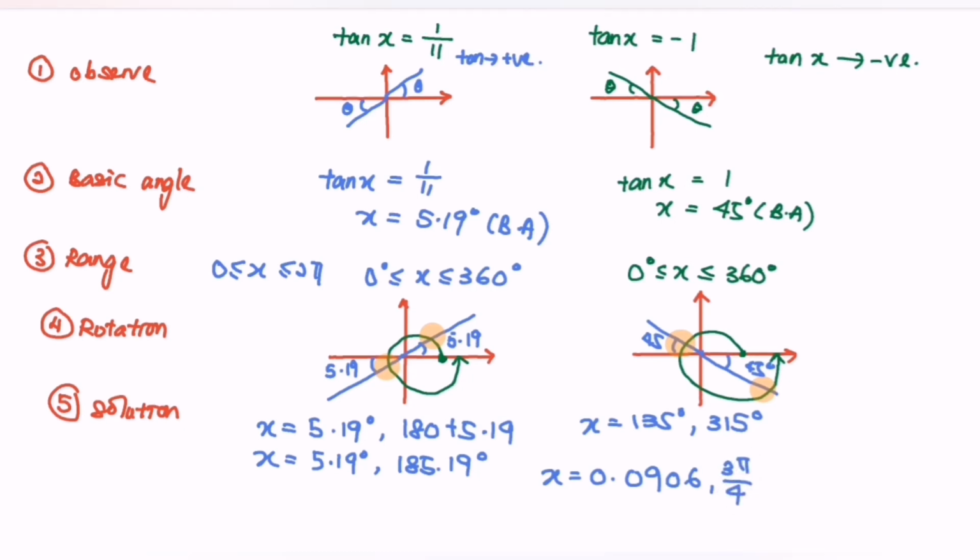The third answer will be 185.19 after the conversion, and the answer will be 3.2322 radians. And finally, we have the answer for 315, which is 7 pi over 4. So here we are, and thanks for watching.